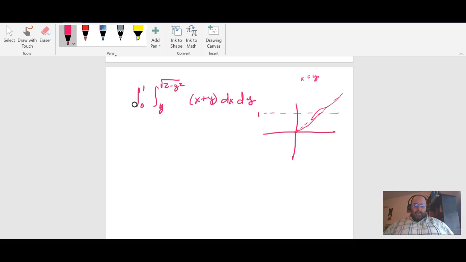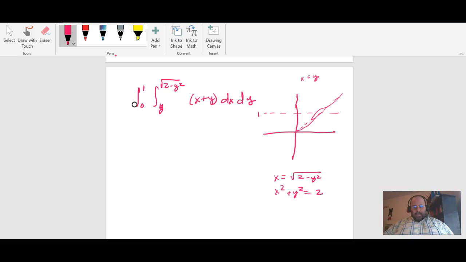But I got the wrong part of the circle here, because this is x is equal to square root of 2 minus y squared, which means that I have x squared plus y squared is equal to 2. So I was correct in the idea that I had a circle whose radius was square root of 2.